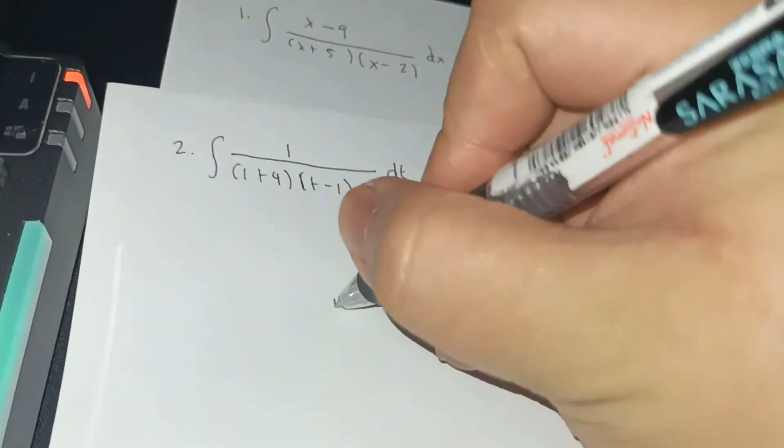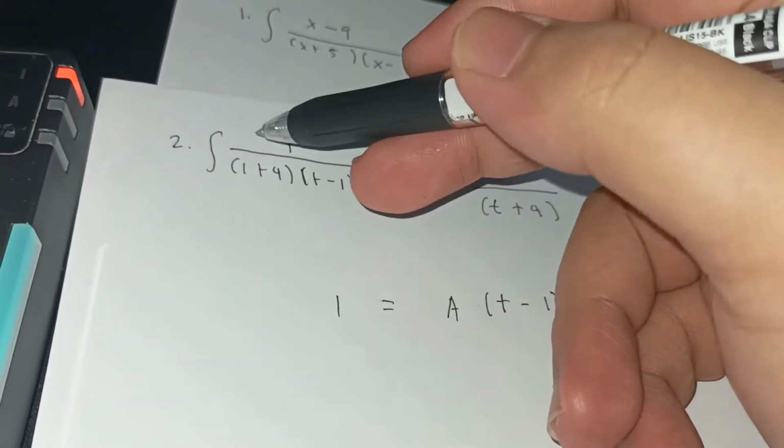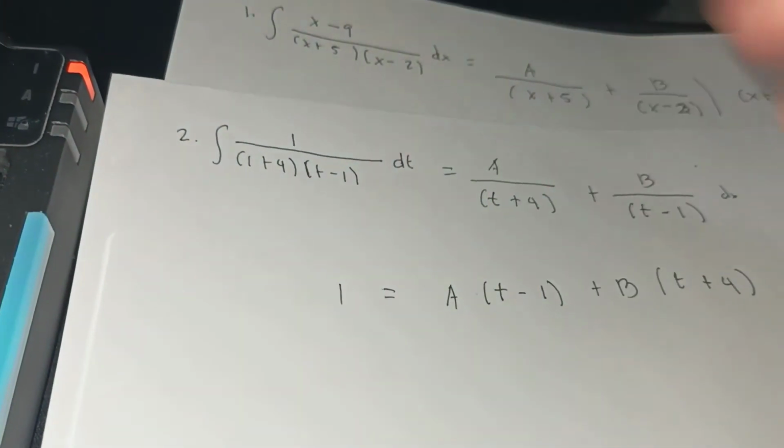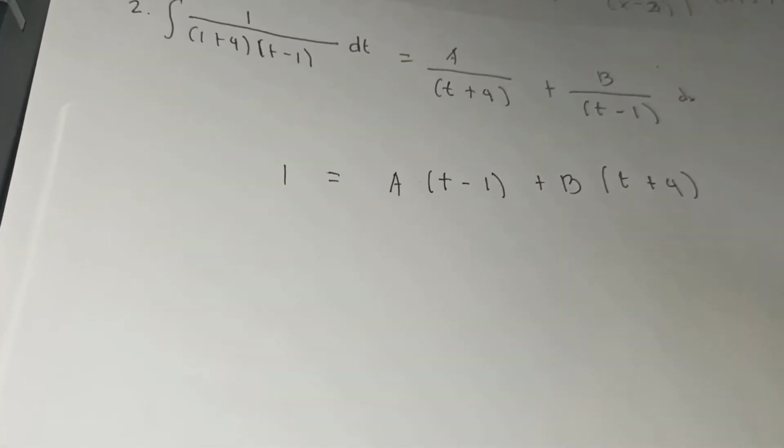Okay, and then 1 equals it. Since there is no t here, you just have to let it be on its way. Just copy and bring it down whenever you solve.